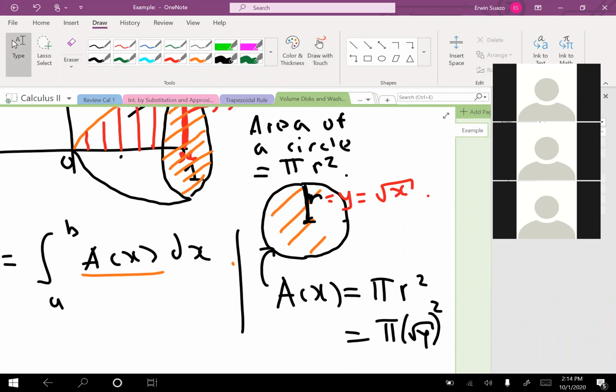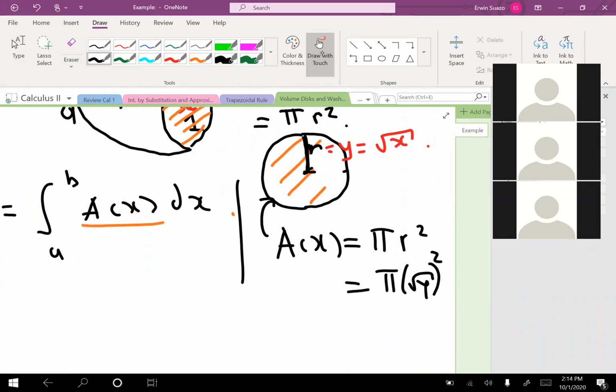Oh, sorry, let me fix this. So r equals y, right? So y squared, but then this is pi, and then this is squared.